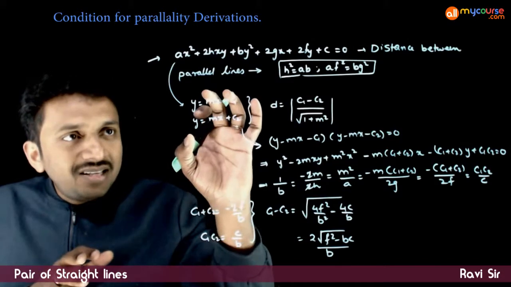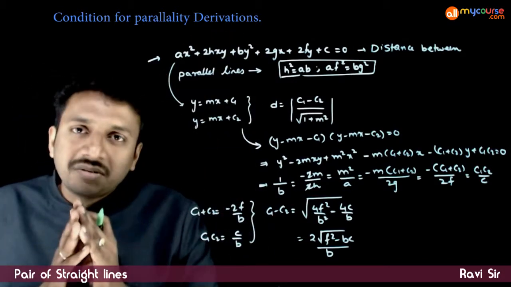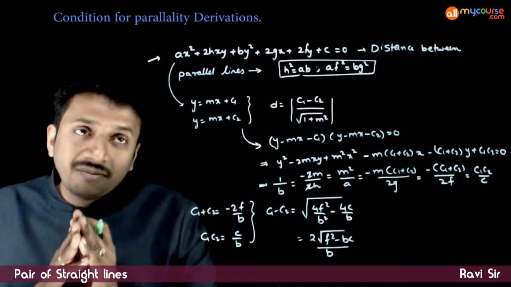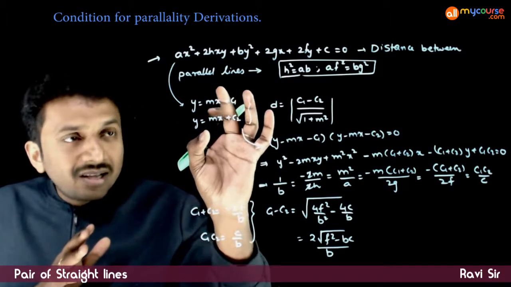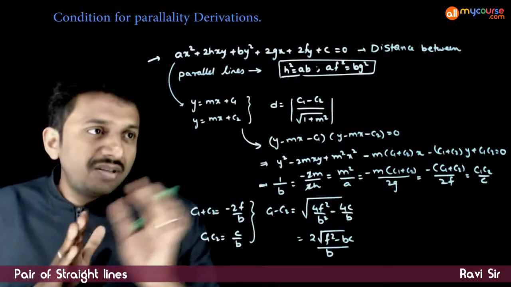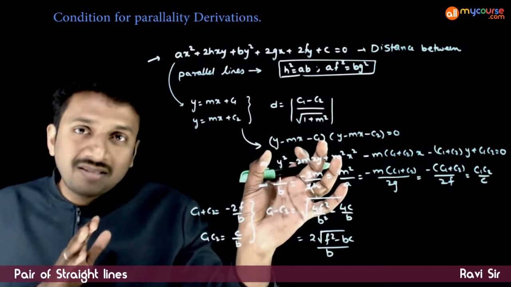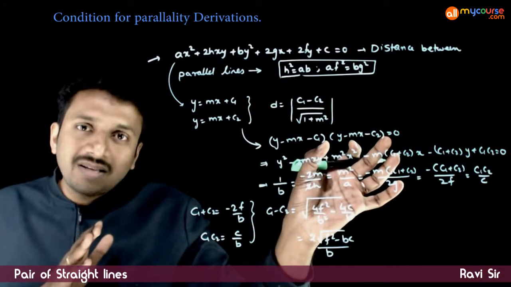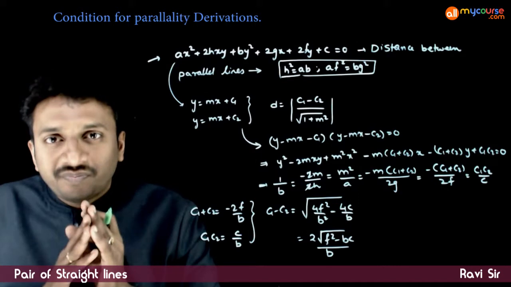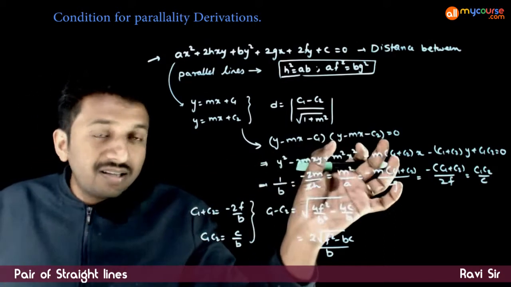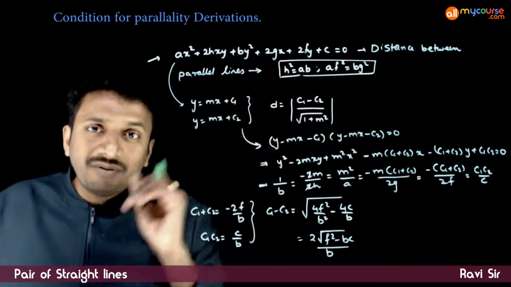So let us say that these are the two lines which make up this equation. Now, what is the pair of lines corresponding to these two equations? So y minus mx minus c1, y minus mx minus c2 is equal to 0. So this product represents the pair of lines.